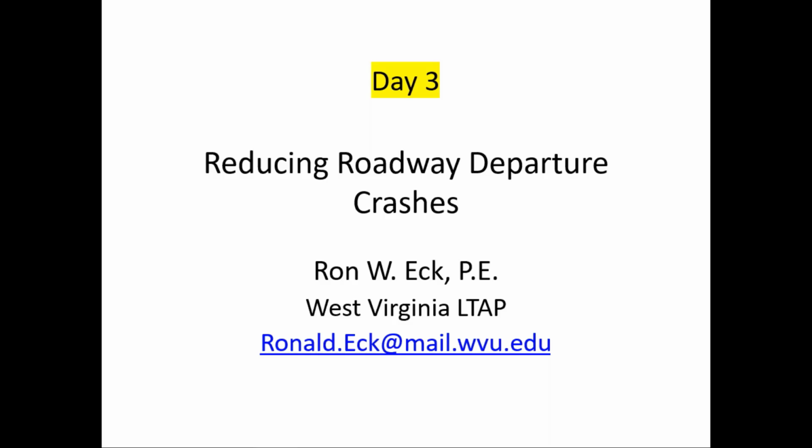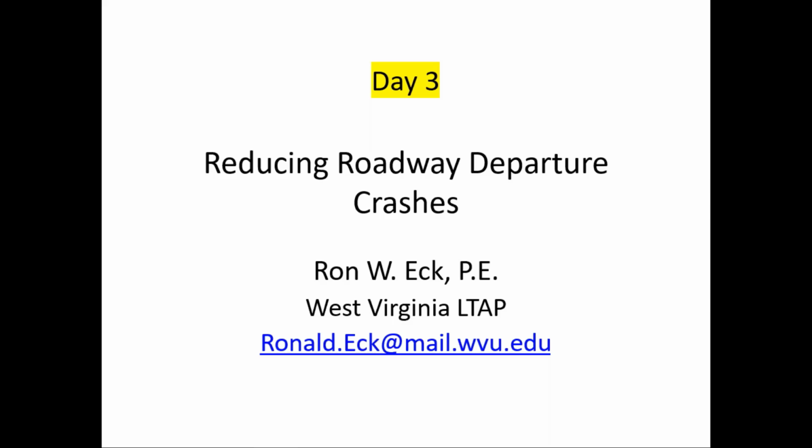We've talked about on day 1 some implementation strategies and some methods to keep drivers on the roadway using pavement marking and signing. Yesterday we looked at that, but we also looked at methods to keep vehicles on the roadway using geometric and pavement related techniques.